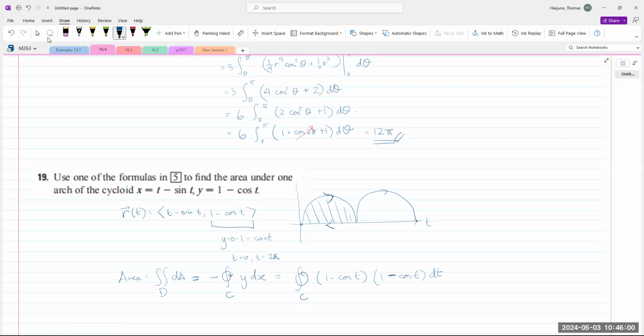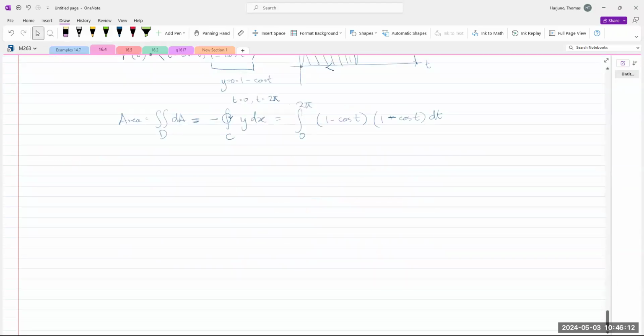And the t will be from 0 to 2 pi. I already used t there. Yeah, basically you need to solve that. So for that one. Okay. This will go to 0.